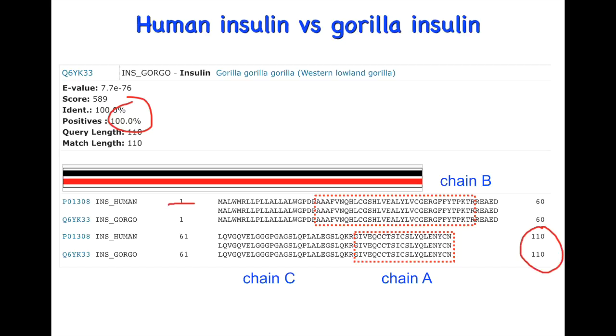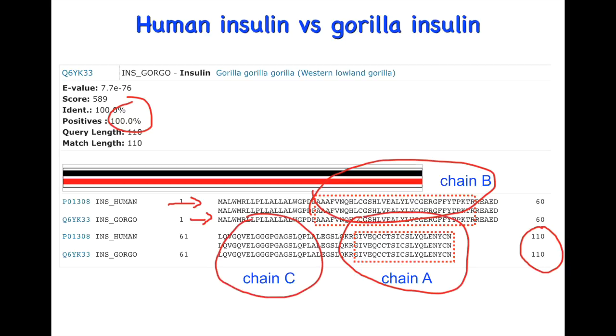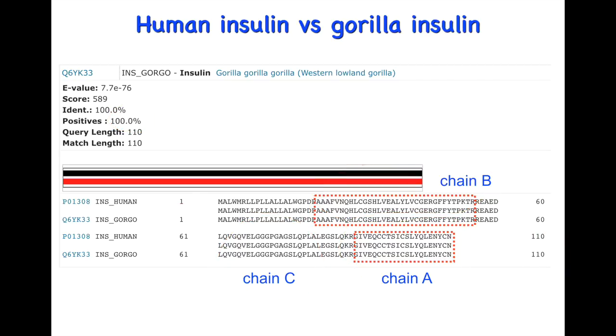This one here, the top row is human insulin, and the bottom row is the gorilla insulin. The B chain, exactly the same. The C chain, the A chain, exactly the same. It's quite remarkable because man and gorilla last shared a common ancestor about 8 million years ago.